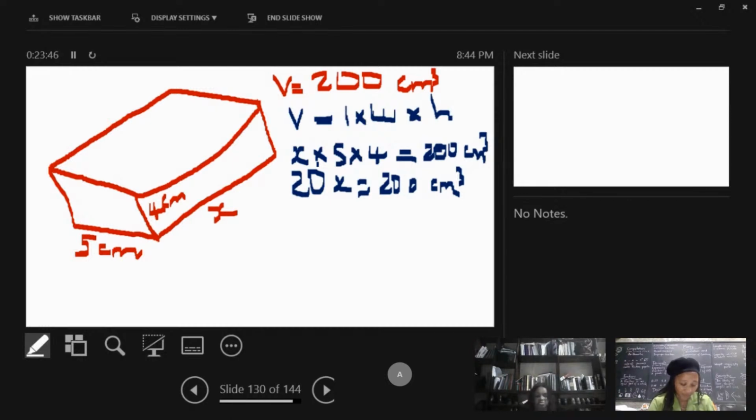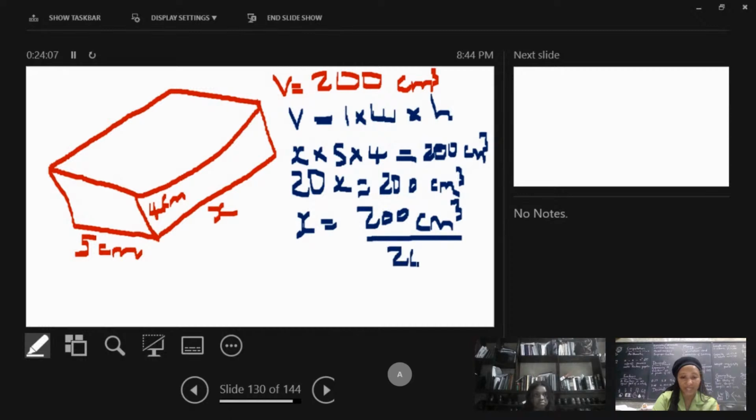When we multiply any two of them, we're finding the area of that side and then multiplying by the third. So to get the length, it would be 200 centimeters cubed divided by the 20 centimeters squared. 200 divided by 20 is 10, so the length is 10 centimeters.